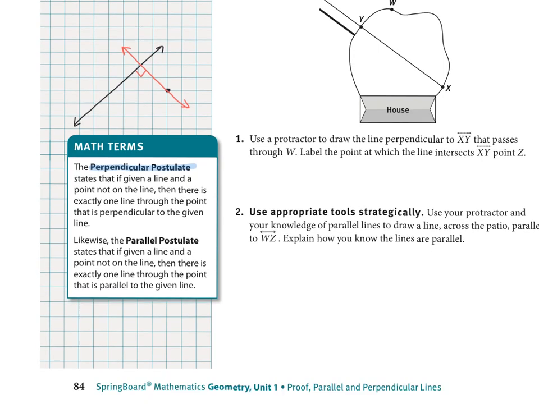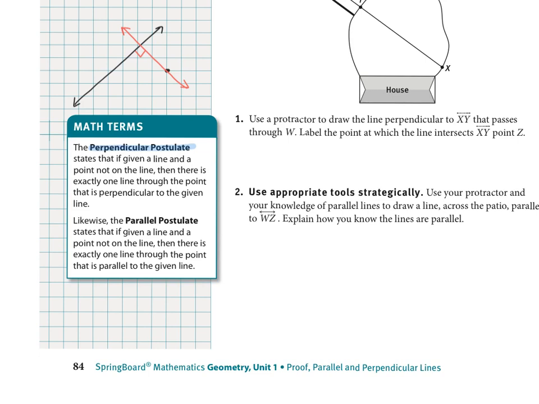Let's continue to look at the one below. It's the parallel postulate. It states that if given a line and a point not on the line, then there is exactly one line through the point that is parallel to the given line. So let's draw a picture like the one above. Let's say we have a line, and let's say again we have a point not on the line.